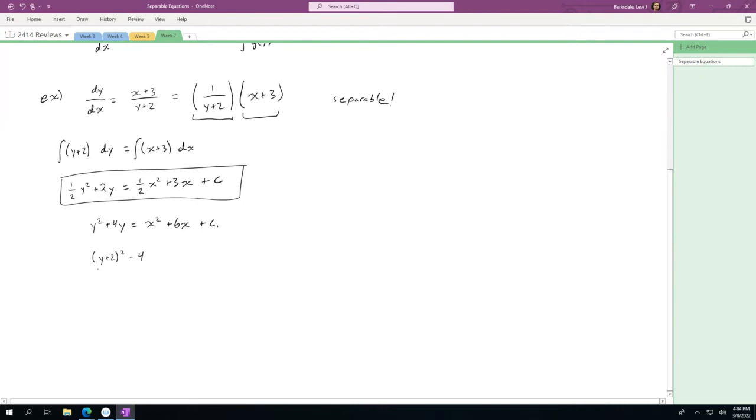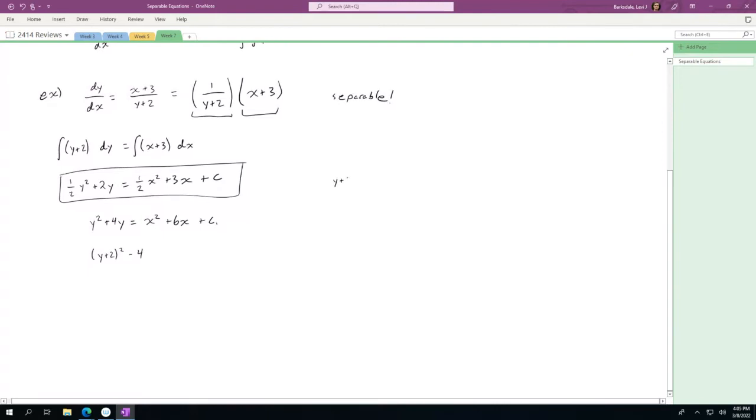Now I have minus 4 because when I write out y plus 2 squared, this is equivalent to y squared plus 4y plus 4. But then I need it to equal exactly y squared plus 4y. So I need to subtract my 4 as well. Which means if I'm subtracting 4 from here, I also need to subtract 4 from this part as well.